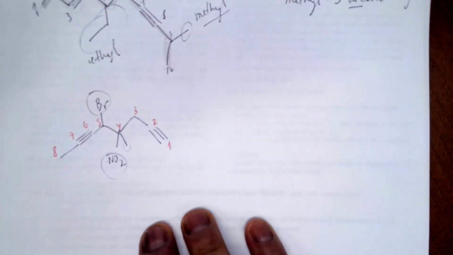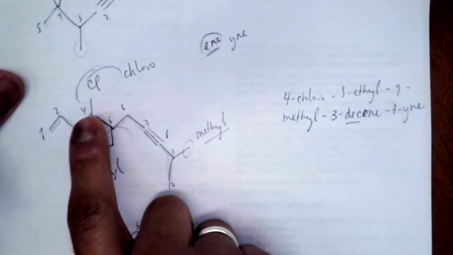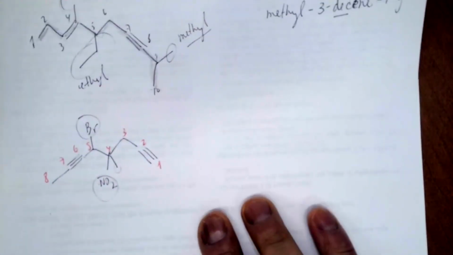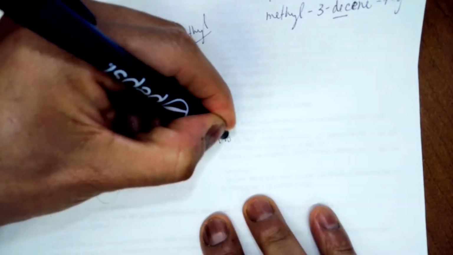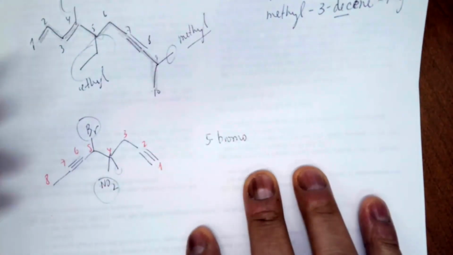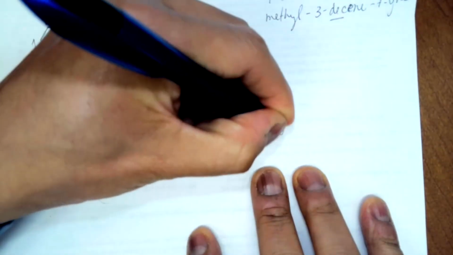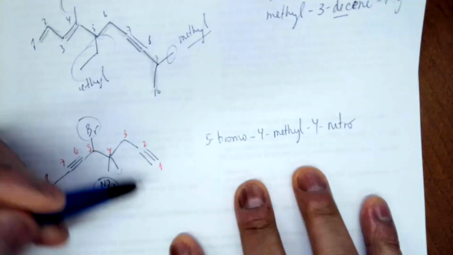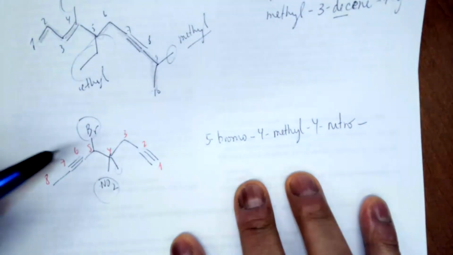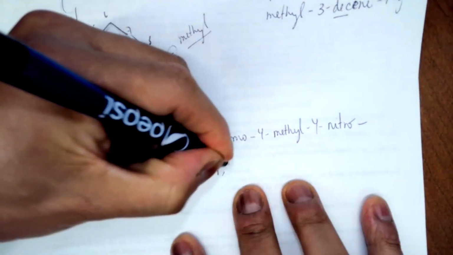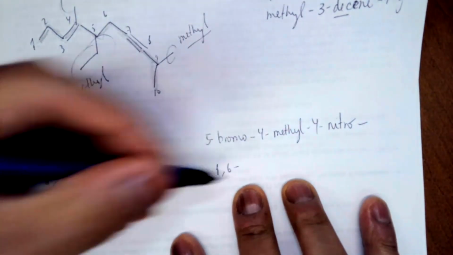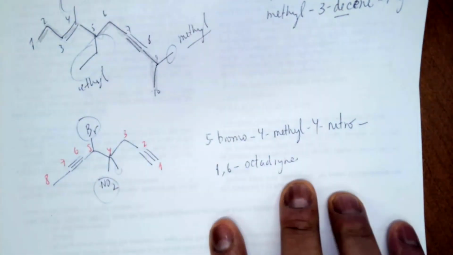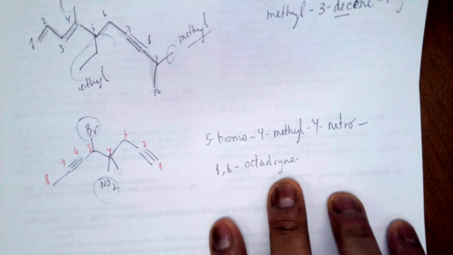Okay, so the name would be, oh, I forgot here the EZ of the alkene. I'll come back here in a minute. Okay, so here, let's see, 5-bromo, 4-methyl, 4-nitro. Okay, now the name of the alkenes. 1,6-octadiene.